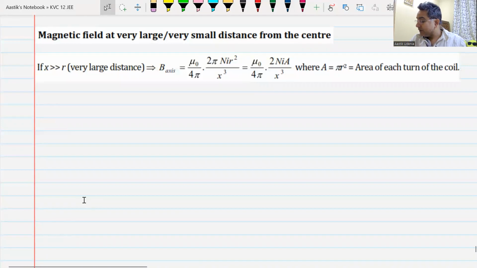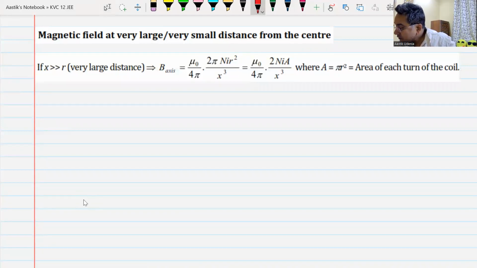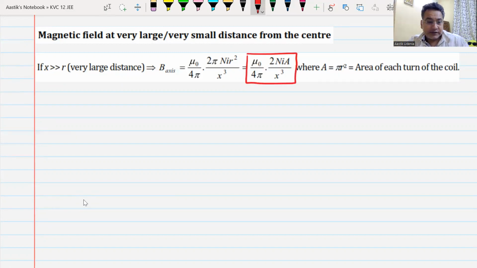Magnetic field on the axis will be given by this formula, and this is nothing but we have neglected r in terms of x. Do we understand this? Neglected r because x is very large. Got this? You can simply check all these by putting the value of x as large. You can just neglect r by x and call it as x, and you get your answer.